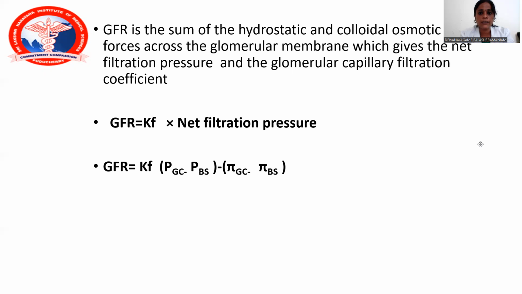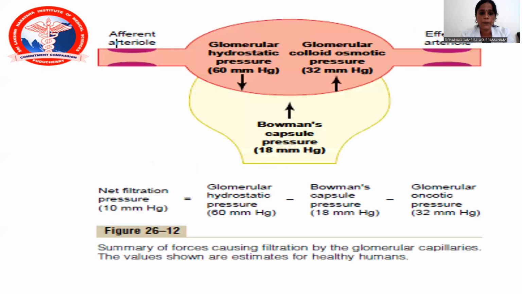Kf is the glomerular capillary filtration coefficient, and the net filtration pressure is PGC minus PBS minus, in brackets, pi GC minus pi BS. So what are Kf, PGC and PBS? We'll talk about that.